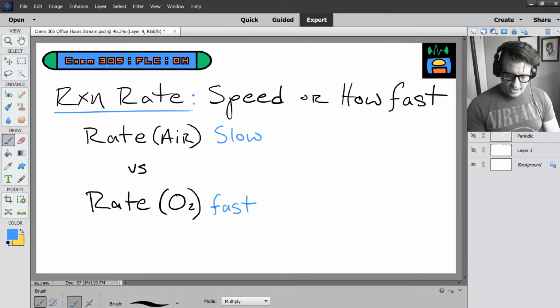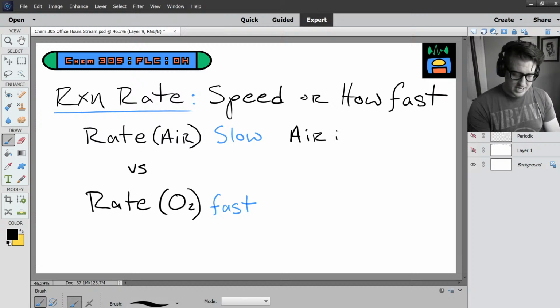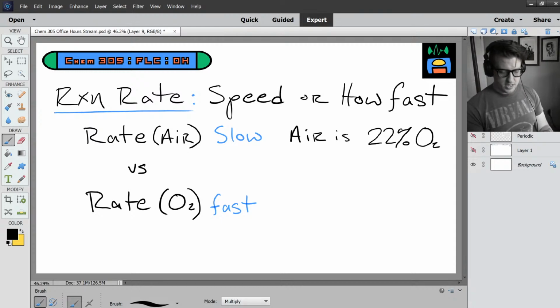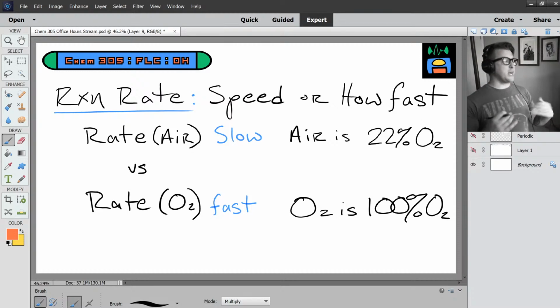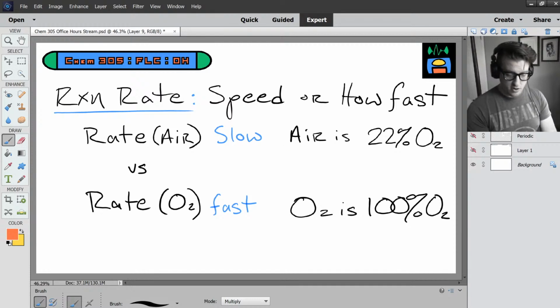Now, air is about 22% oxygen. The air that we're breathing in and out right now, about 22% of it is O2, whereas pure oxygen is 100% O2. So the reason why it's faster is because pure oxygen is more concentrated.